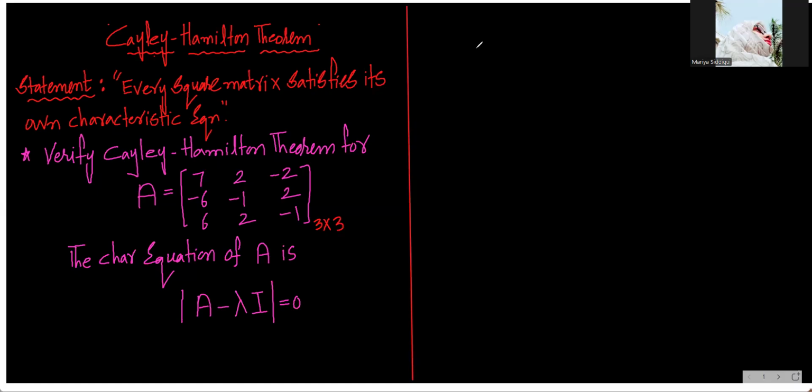There is a change only in the diagonal elements. 7 minus lambda. 2, minus 2, we don't want to change anything. -6 itself as it is. Only the diagonal elements change.